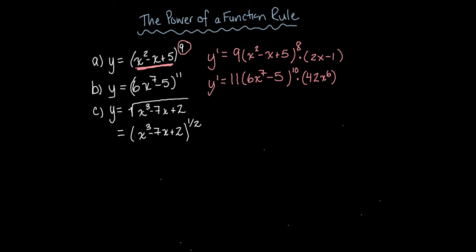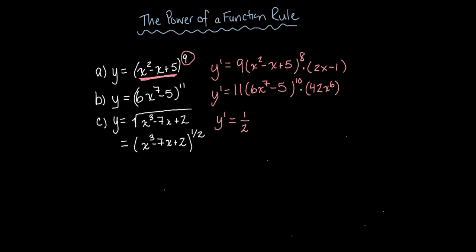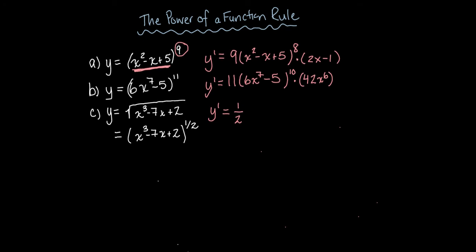That was still y, that wasn't my derivative yet, and then y prime, or the derivative, or dy over dx, is going to go over here, and we're going to follow the rule. So the exponent becomes the new coefficient, and then we subtract 1 from 1/2.